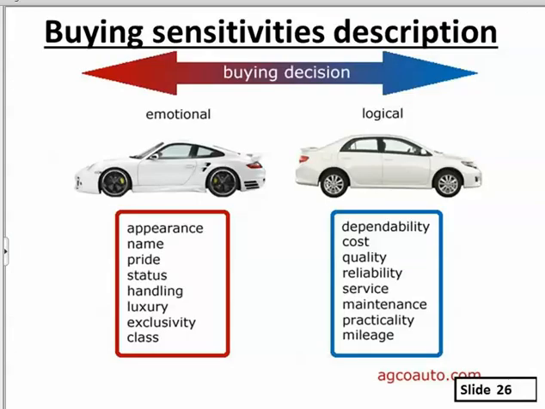Okay. Now, we probably know, and I'm sure you could decide for yourself, where you would fit on a continuum. In other words, a straight line between being very emotional in how you buy things and being very logical. The emotional person, you see the kind of characteristics on the left that they're going to be concerned with.